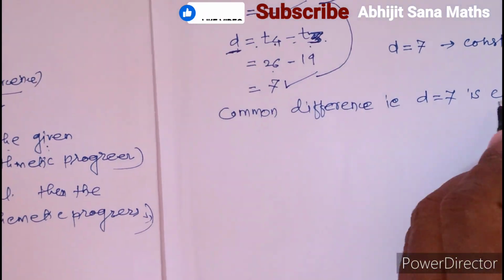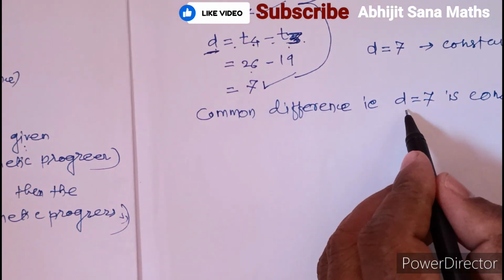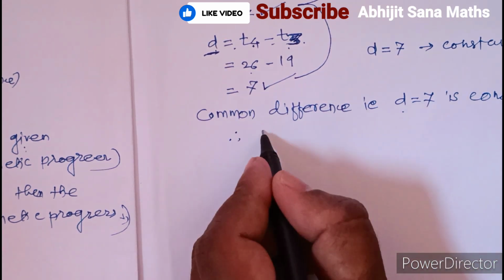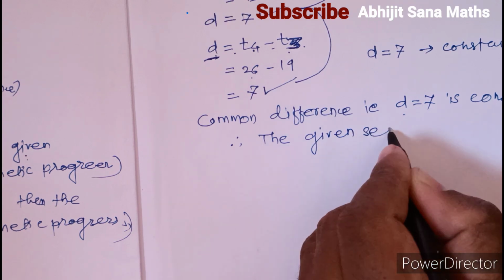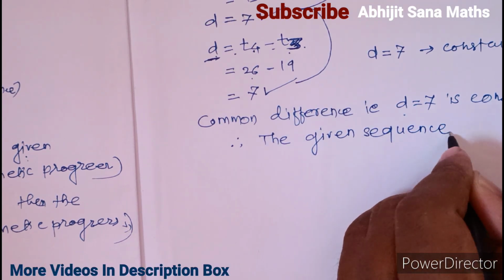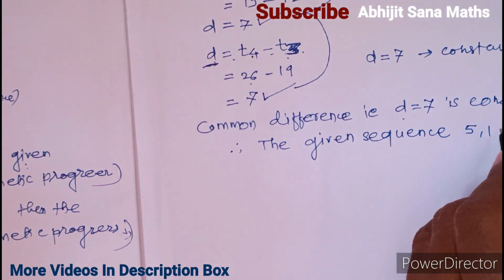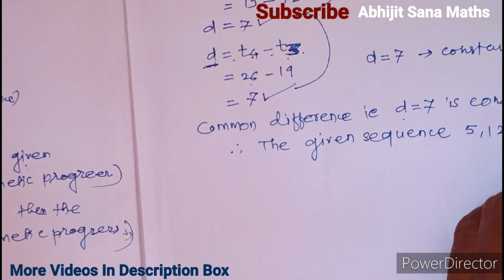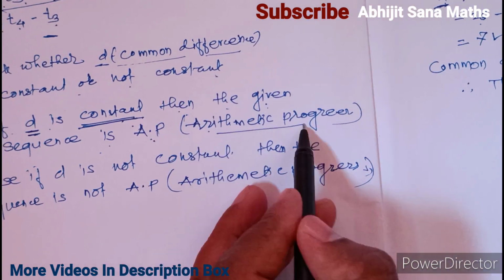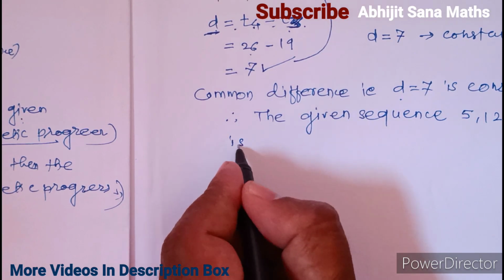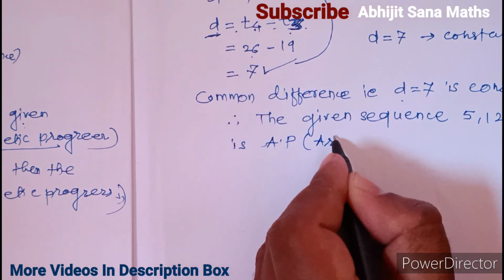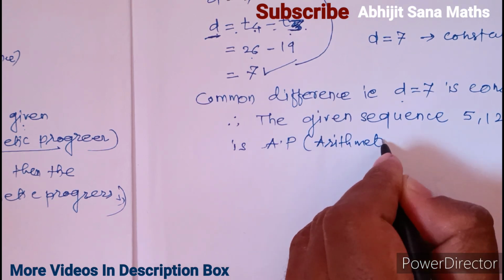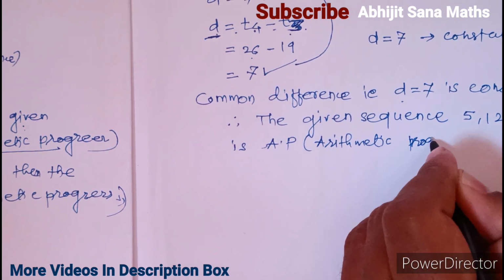Here the common difference d is constant, therefore the given sequence 5, 12, 19, 26 is AP, that is arithmetic progression.